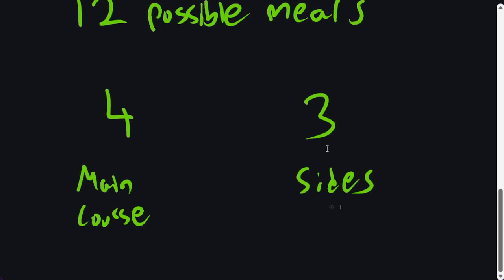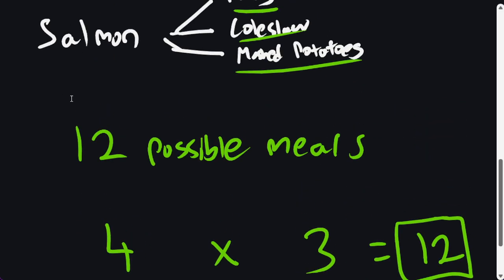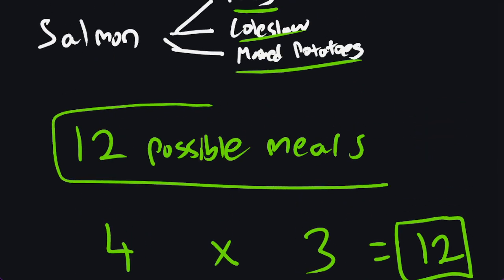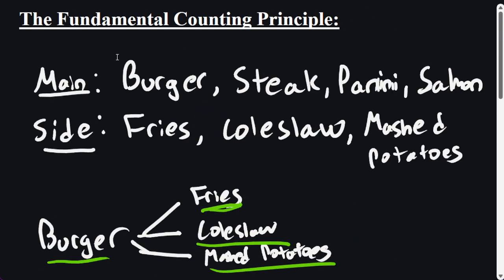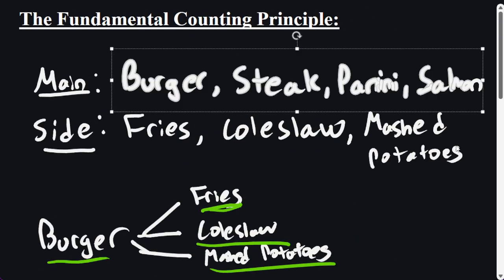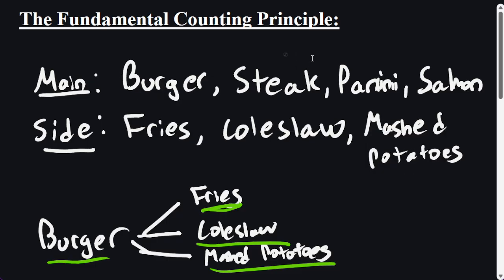Well, let's go ahead and multiply these two numbers. 4 times 3. That gives us 12. And that is our answer. That is the answer we came up with. 12 possible meals. All we had to do was multiply the amount of main courses with the amount of sides, 4 times 3, and we get 12, which is the total number of possible meals that we could have given this menu.